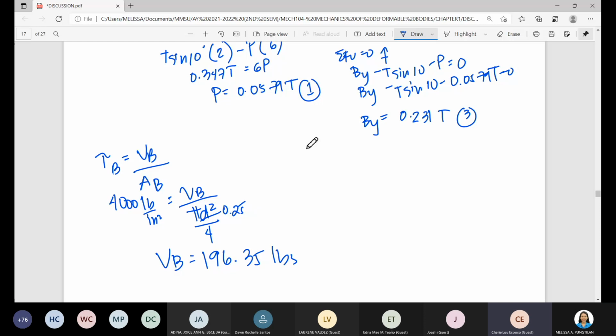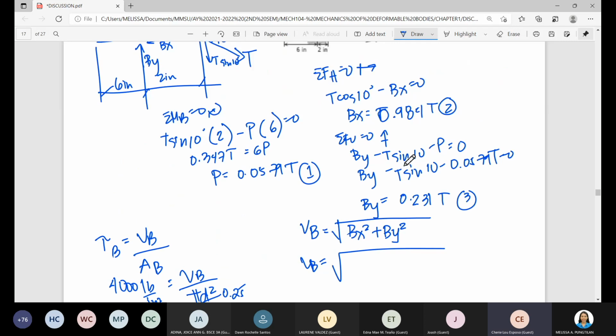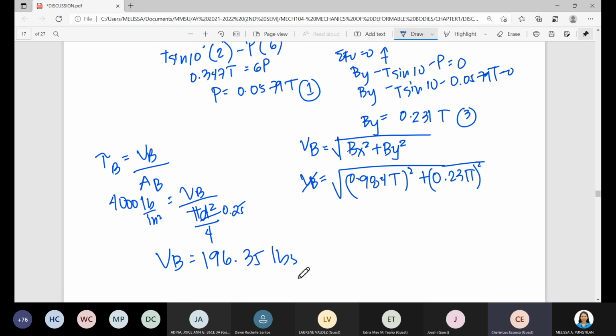On which, yung ating force B is just the resultant of bx squared plus by squared. Tama? So, substitute natin. We have yung ating bx, which is 0.984 t squared plus yung ating by, 0.231 t squared. And yung ating shear force is 196.35 pounds.